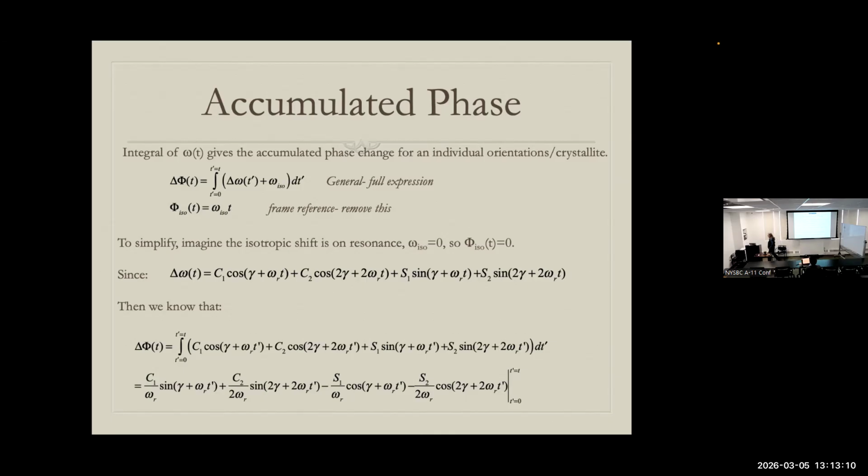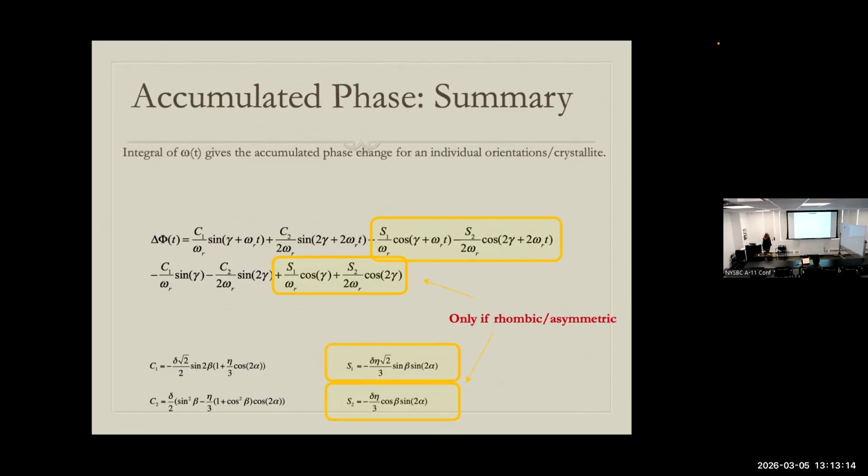So then I'll have 8 very simple terms. Accumulated phase. I can pull out the ones in the yellow boxes if I want to simplify. I'm reminding you what C1 and C2 actually are. They scale with delta.